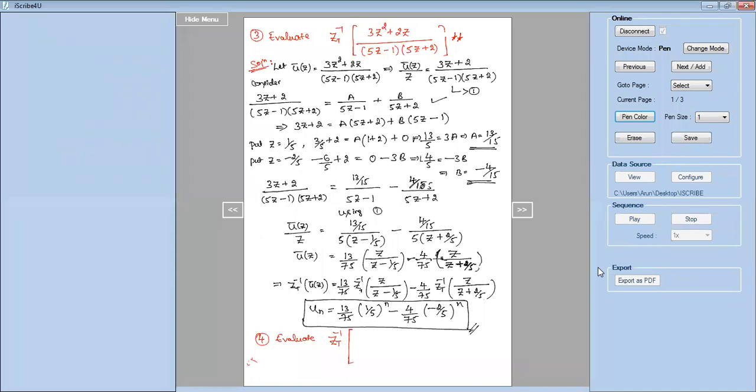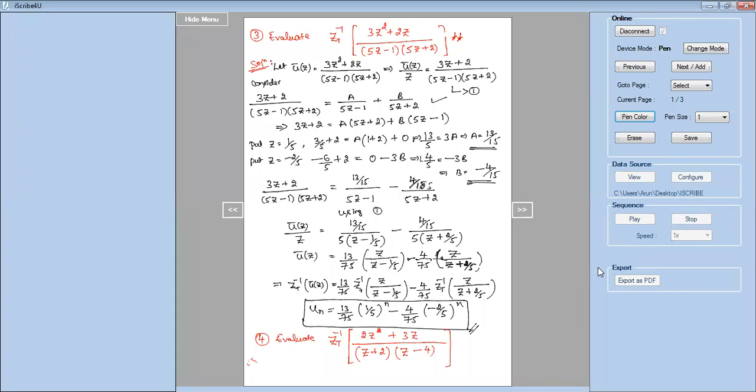So it is evaluate ZT inverse of (2Z square plus 3Z) divided by denominator (Z plus 2) into (Z minus 4).